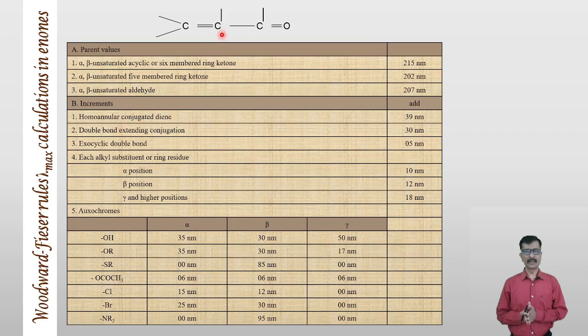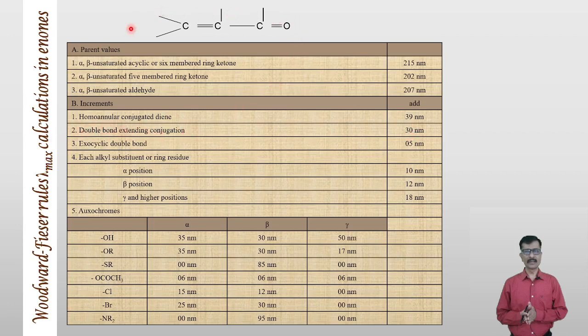In addition to this alpha, beta unsaturated aldehyde or ketone, if there is any additional double bond and this additional double bond is in conjugation with the alpha, beta unsaturation, and if these two double bonds are in the same ring, like previous dienes, if any homoannular diene system exists, in such a case we have to add 39 nanometers. Again, double bond extending conjugation.